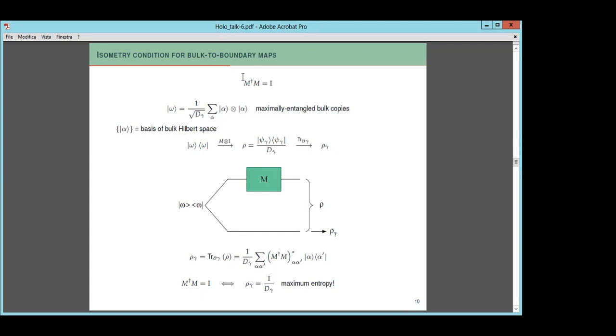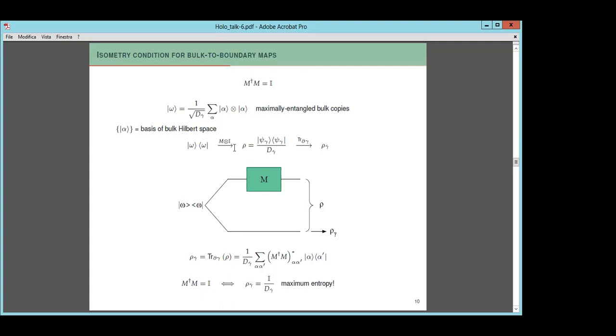Now, the basic observation here is that instead of directly probing this condition, we can study the reduced bulk state of the corresponding spin network graph.